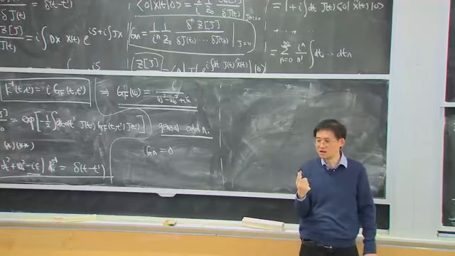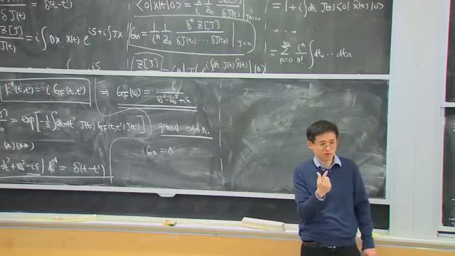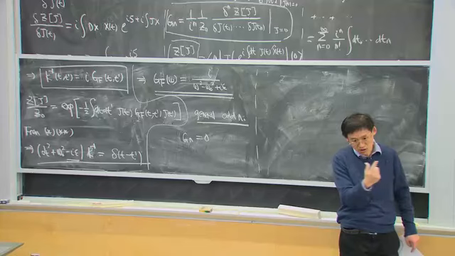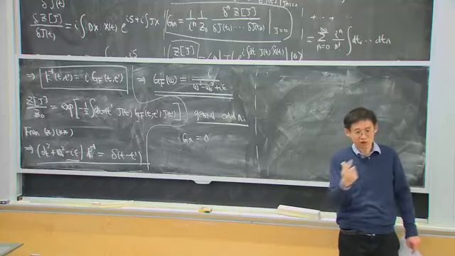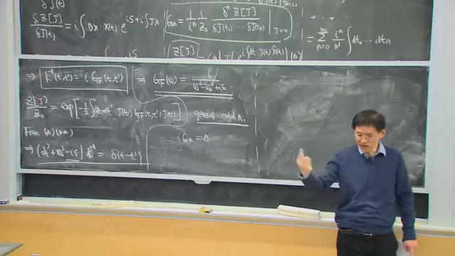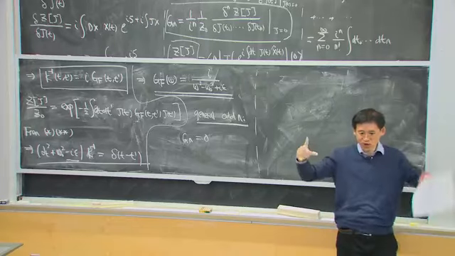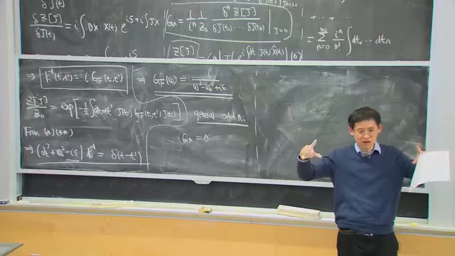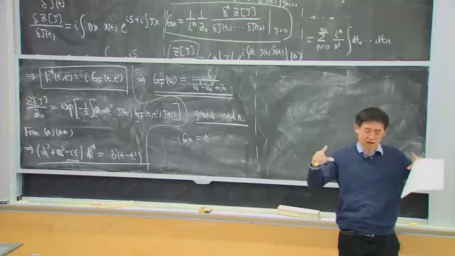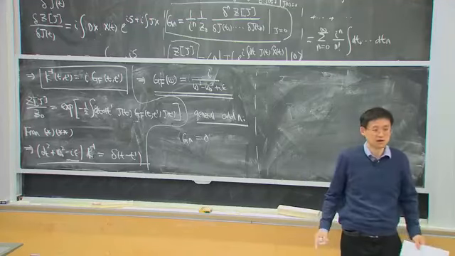This is also consistent with your experience from the harmonic oscillator. In the harmonic oscillator, if you have an odd number of x, then you have an odd number of a and a dagger. With an odd number of a and a dagger sandwiched between the vacuum state 0, there's no way they can annihilate each other, so you will always get 0.